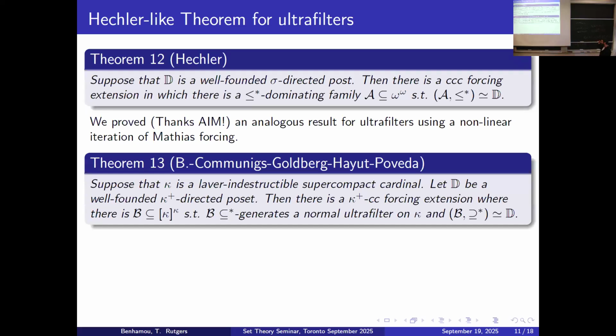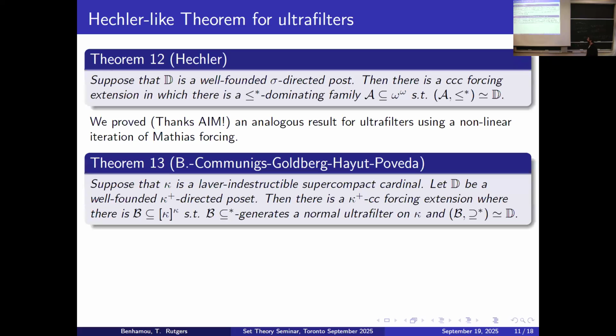Okay, so suppose this is the measurable case. We'll also have a case for omega in a second. Suppose you start with a very large cardinal. I'm not going to define all this stuff, but you start with a Laver-indestructible supercompact cardinal, and you let D be a well-founded kappa-plus-directed poset there.